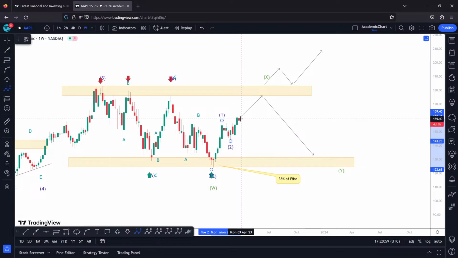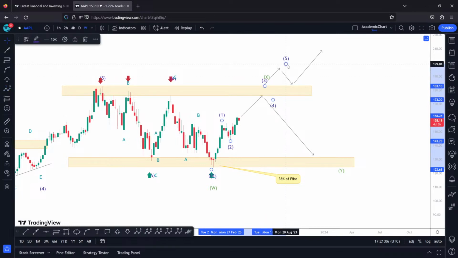If the third wave is powerful enough to reach the top of these, then in that case I would like to see some sort of breakout. If it is that powerful to have our third wave here, then the fourth wave will be the retest, and then the fifth wave will be a more powerful one.